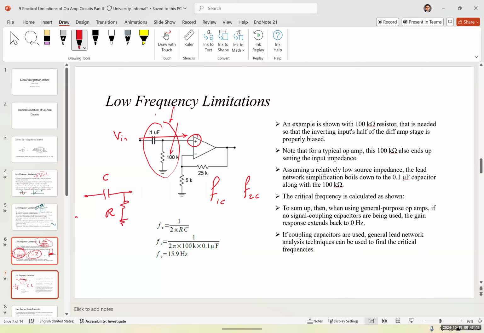As you already know from the homeworks that you have, the input impedance is also equal to the 100K resistor that we have here, because the input impedance of the op amp is close to infinite. So if you have an infinite resistor in parallel with a 100K resistor, that input resistance would be closer to the smaller resistor, which here is the 100K.